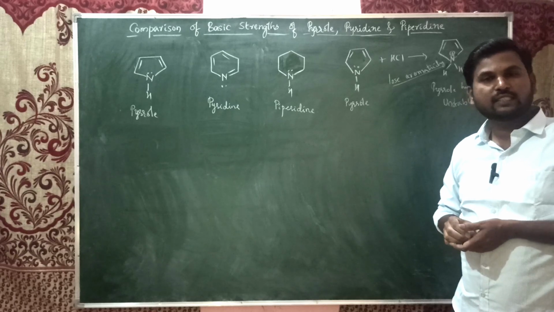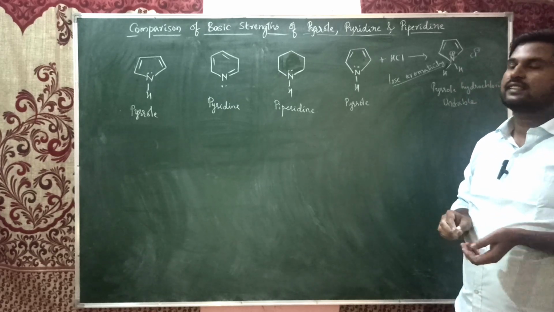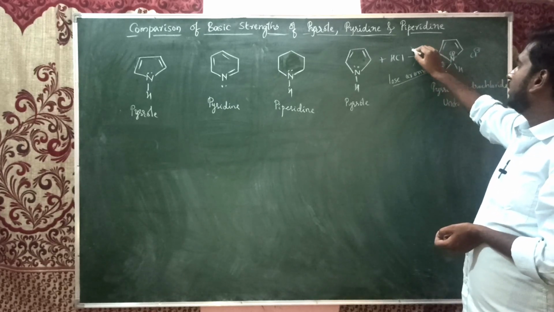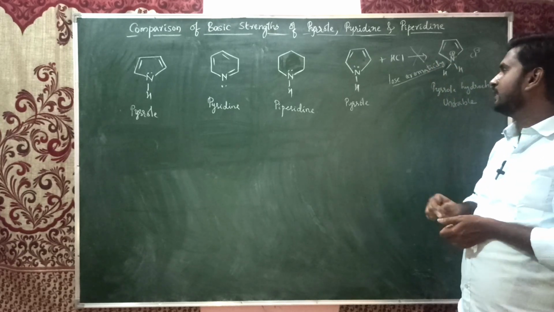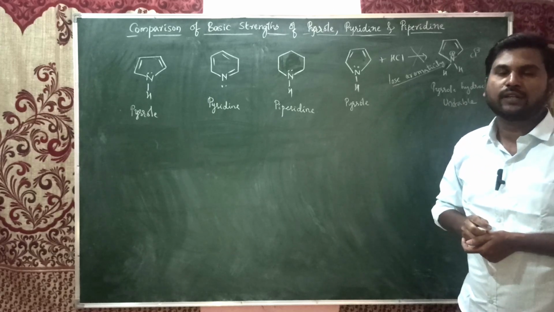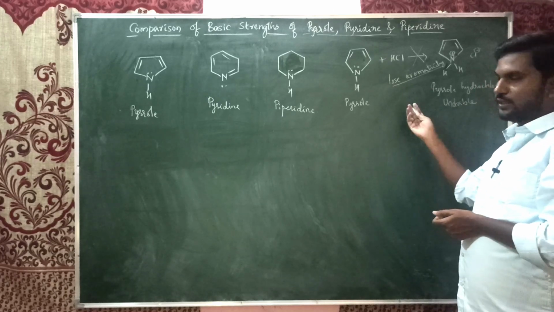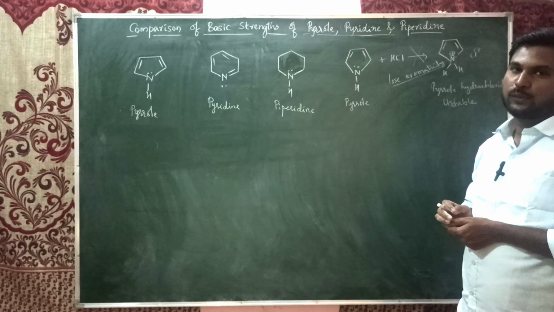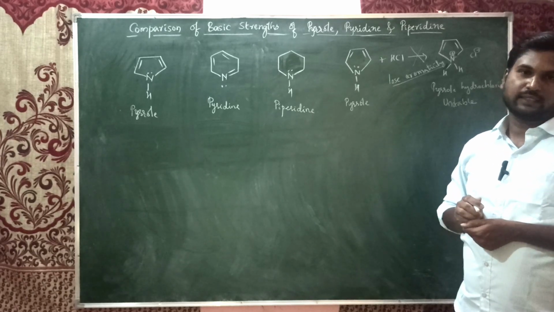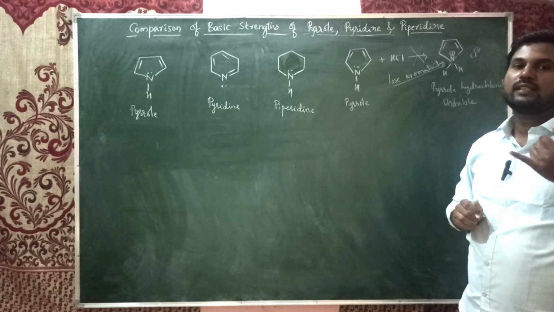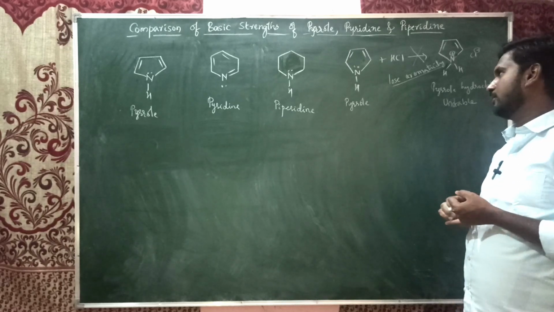If it is giving an unstable salt, that reaction is not possible and does not undergo. Hence pyrrole cannot undergo protonation. It cannot accept that proton, because if it accepts it, it will lose its aromaticity. Hence it is not a good Bronsted base.